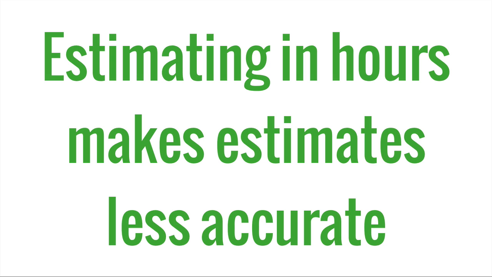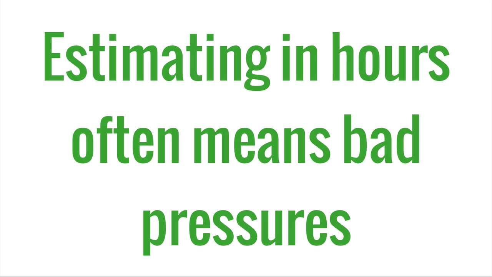So, estimating in hours really makes the estimates less accurate. You're chasing a false precision here by trying to estimate things that are more random or more unknowable. The resulting number is going to feel more precise, and people are going to give it a certain weight that it doesn't deserve. It's also often the case that a team that's being forced to estimate in hours, often that's a sign that the development team has pressure being put on them to conform their estimate to an already pre-existing goal.